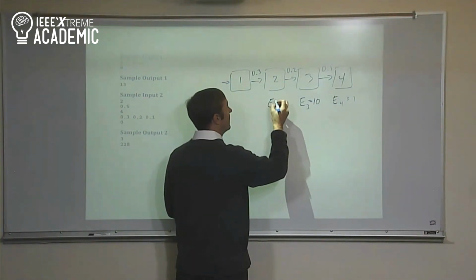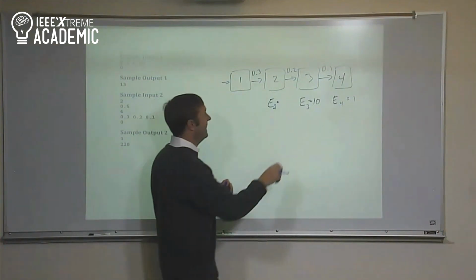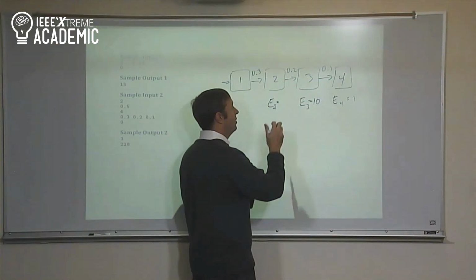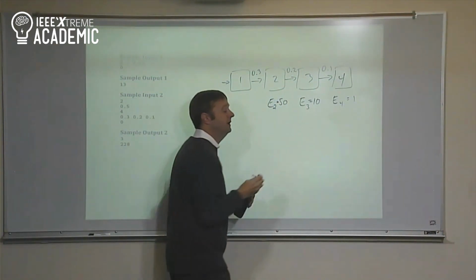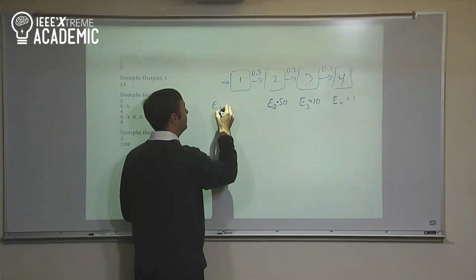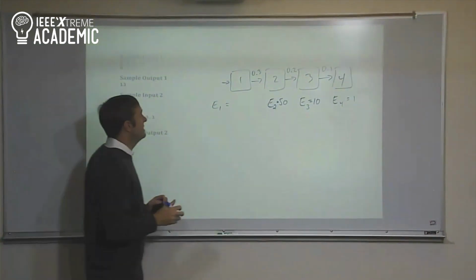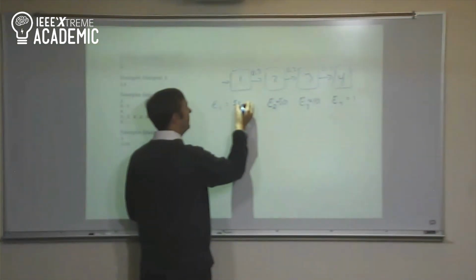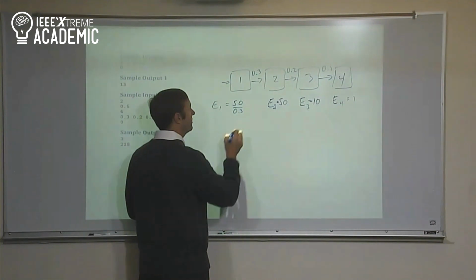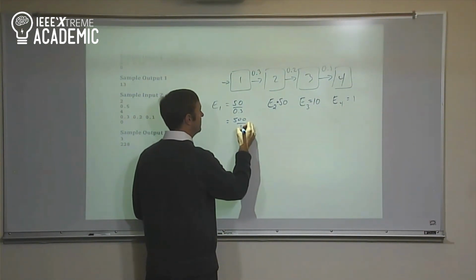The expected number of times that we're in state 2, this is going to be, okay, 10 divided by 0.2, which is 50. And then finally, the expected number of times that we're in E1 is going to be equal to 50 divided by 0.3, which is 500 thirds.